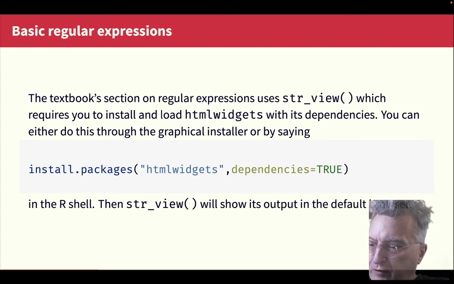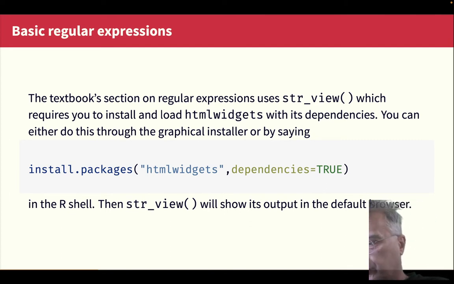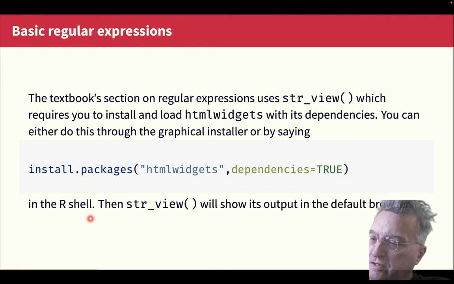Okay, so there's a section on regular expressions that uses str_view, and this only works in HTML. So you can do this through the graphical installer or by saying this, and then str_view will show its output in the default browser. The default browser for RStudio is an internal browser.